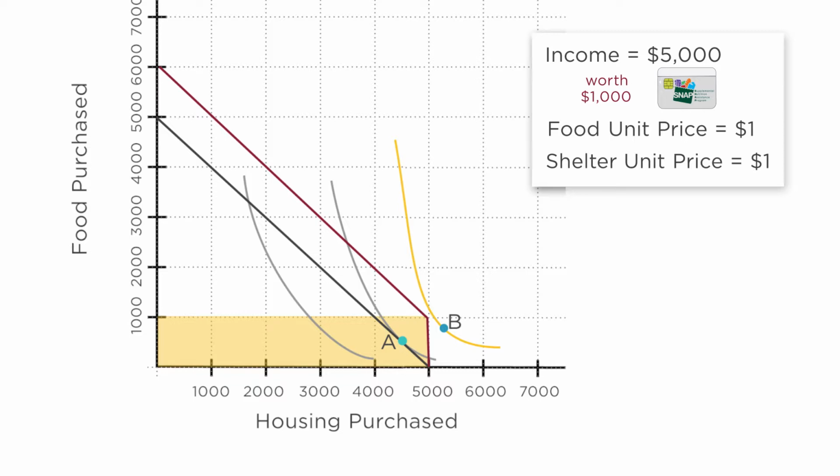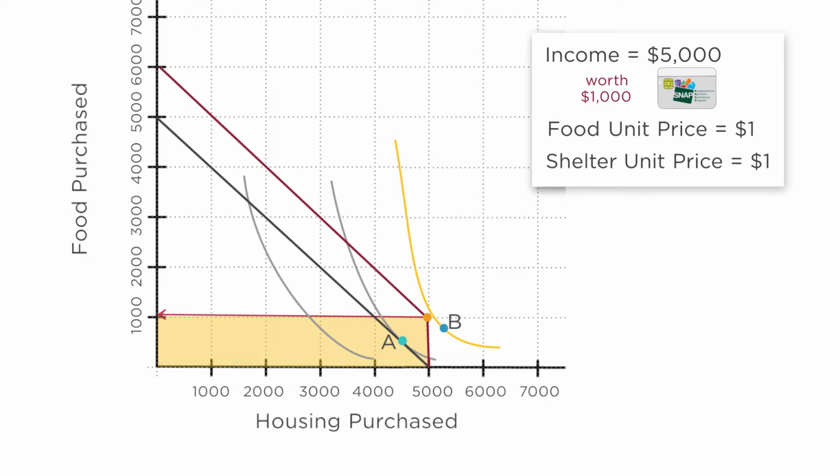But if you spend less than $1,000 on food, you still only have $5,000 of cash to spend on housing. So if you spend $500 on food, you can get $5,000 of housing. If you spend $750 of food, you still get $5,000 of housing, and so on, up to $1,000 of food. Therefore, you should always spend at least $1,000 on food.